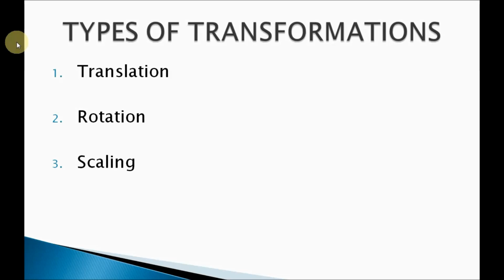Scaling means you can increase or decrease the size of the object. It's very simple. Here you can observe that my object is transformed from one form to another when you move it, rotate it, or change its size, right? You can go through my video on 2D transformations, right?